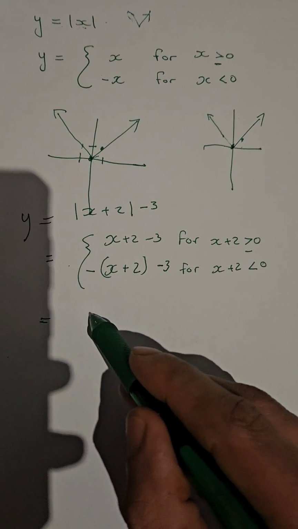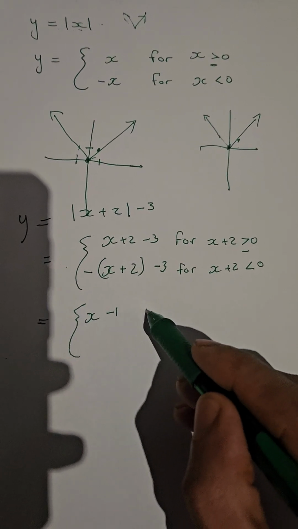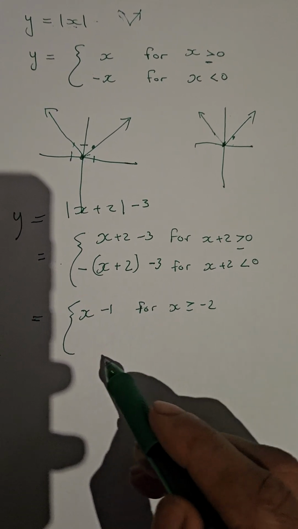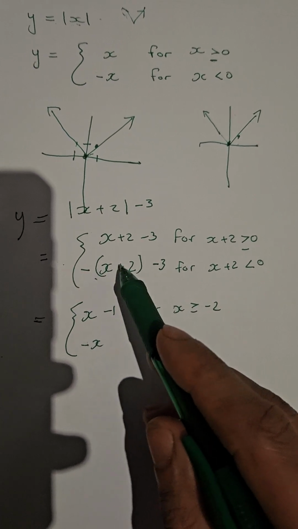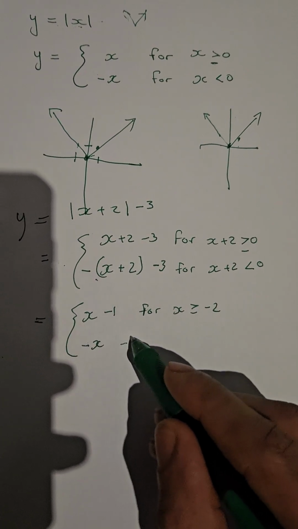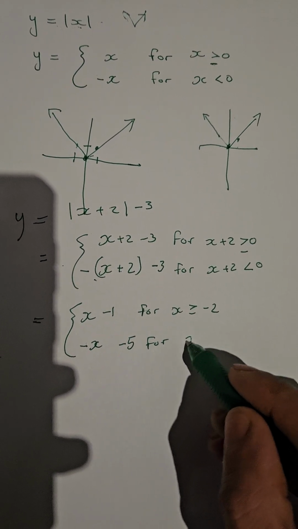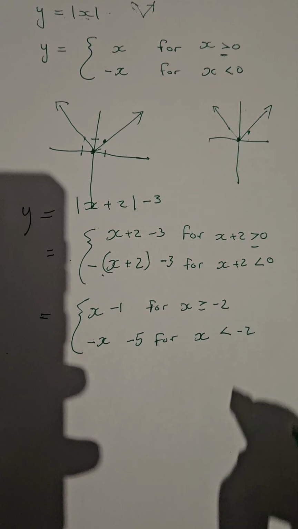So if I solve this, it would just be x minus 1 for the top one, for x greater than or equal to negative 2, and the other would be minus x, then minus 2 minus 3, so it's minus x minus 5, for, in this case, x smaller than negative 2.